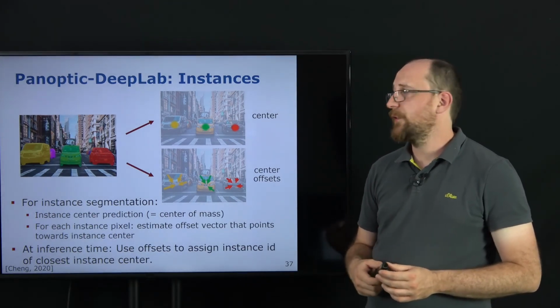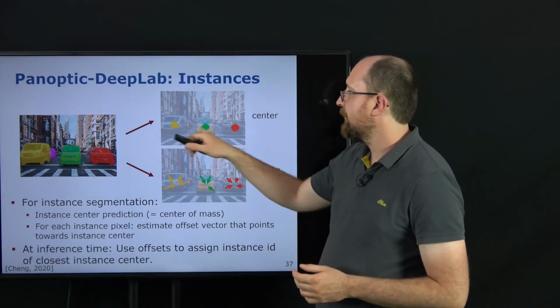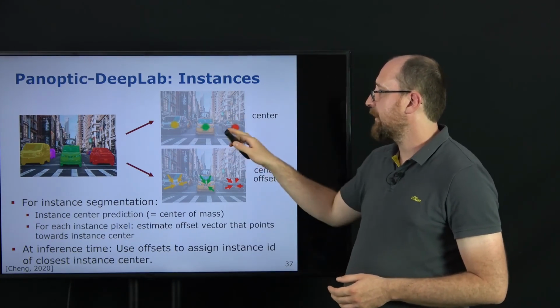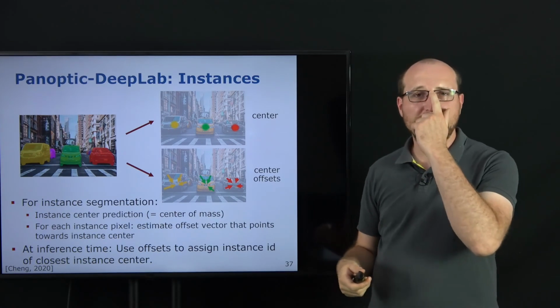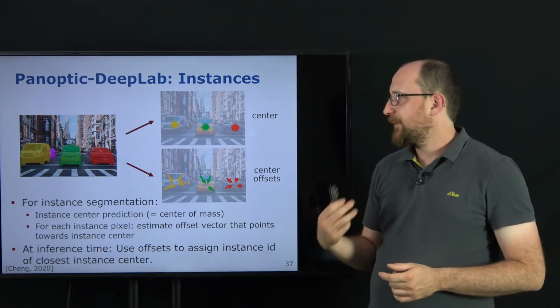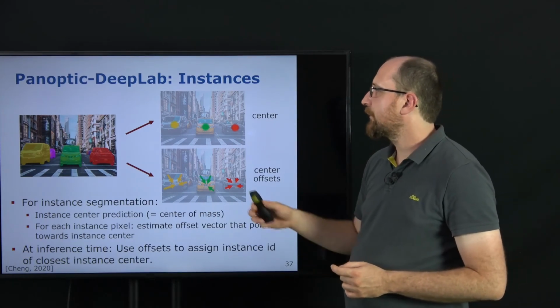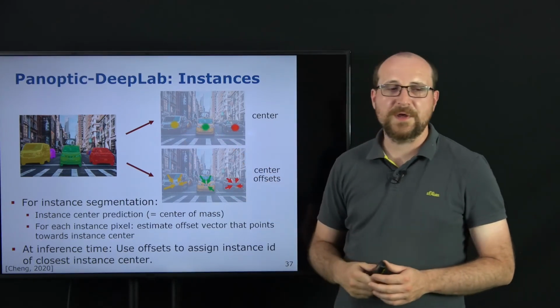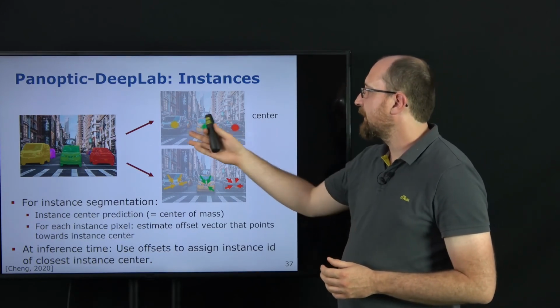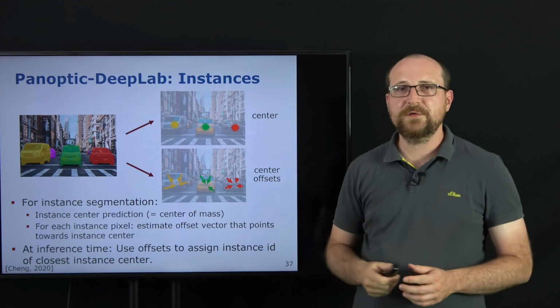Here the approach was to first determine centers for the objects. So we had one center regression part, which is very similar to the CenterNet approach. So for each of the thing classes, we want to determine the center location of the objects. And with this, we are then getting basically the location of the objects.